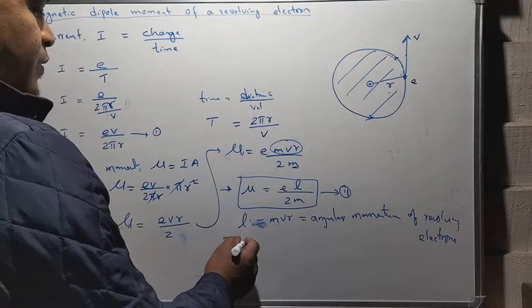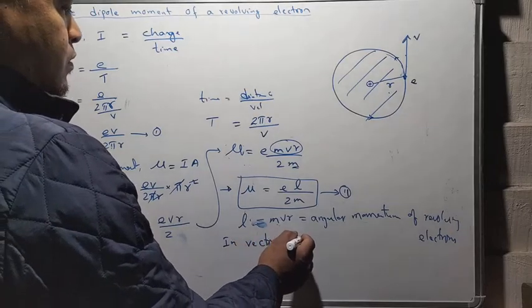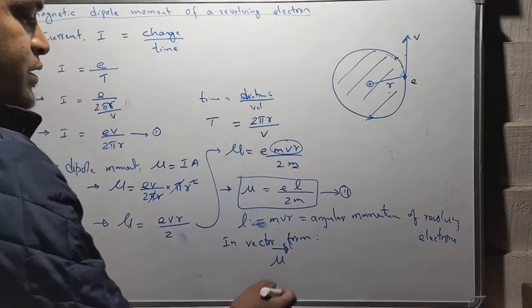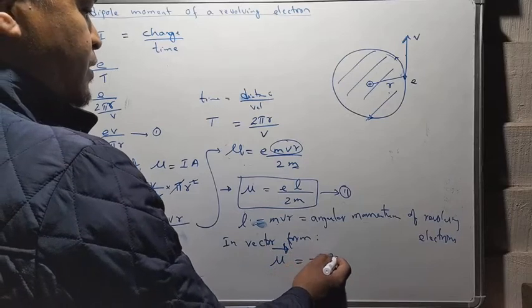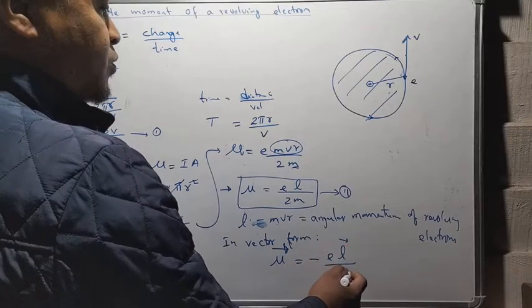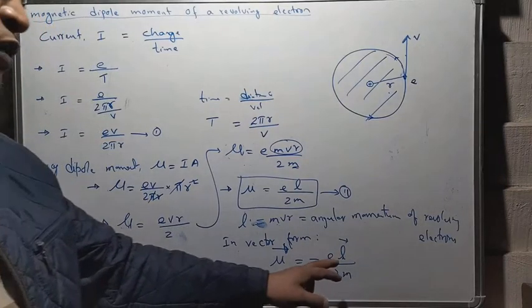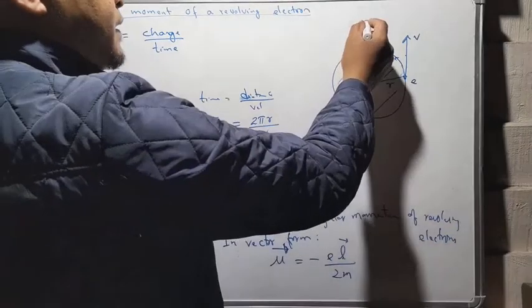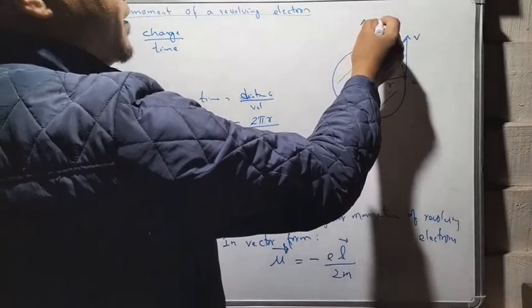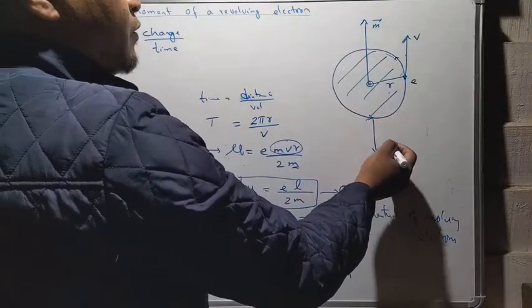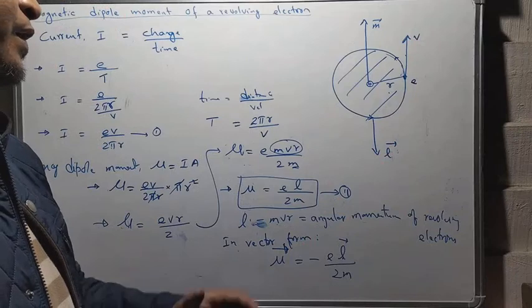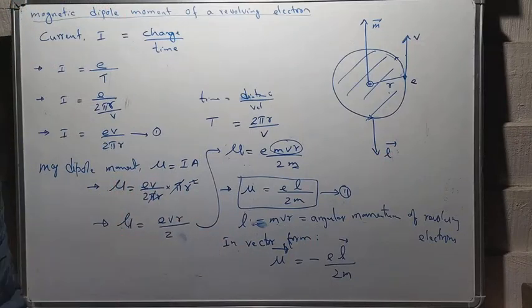In vector form, if you write mu with an arrow on top, the right hand side will be negative, and because angular momentum also is a vector quantity, I put an arrow on top of L. This negative sign suggests that if this is the direction of the magnetic dipole moment, then the direction of the angular momentum will be opposite to it. So this is all about how to find the magnetic dipole moment of a revolving electron.